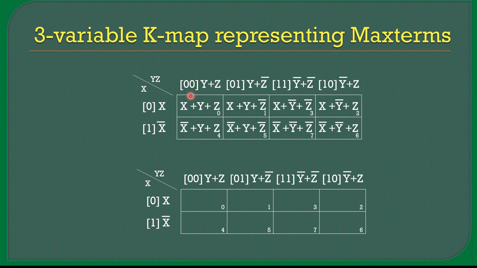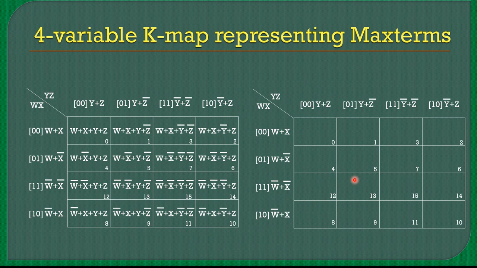The remaining thing is to merge them: combine the row and column headings and write x plus y plus z for the first box, and x plus y plus z dash for the second, and so on for the remaining, using the plus sign. You will see the actual three variable K-map below, with the numbering 0, 1, 3, 2, 4, 5, 7, 6. It is absolutely the same as the previous three variable K-map representing min terms.